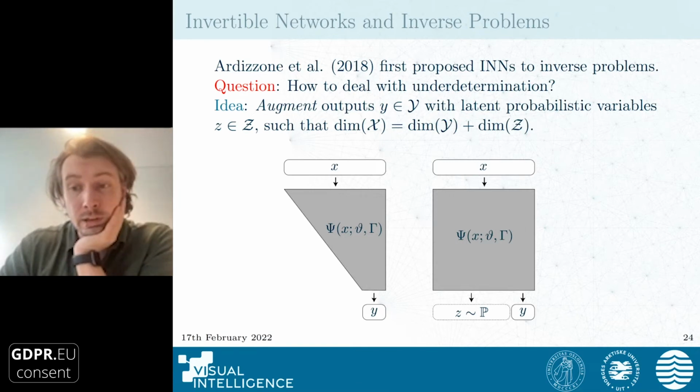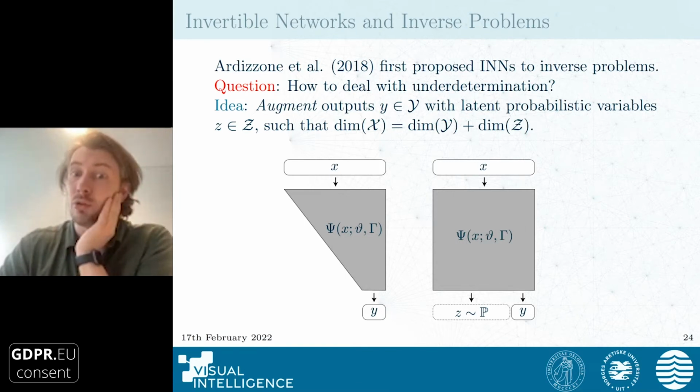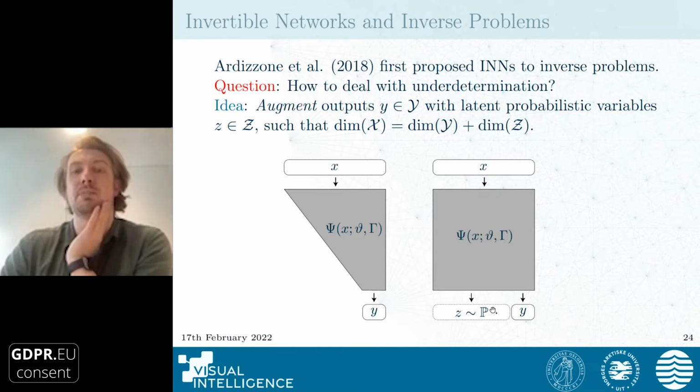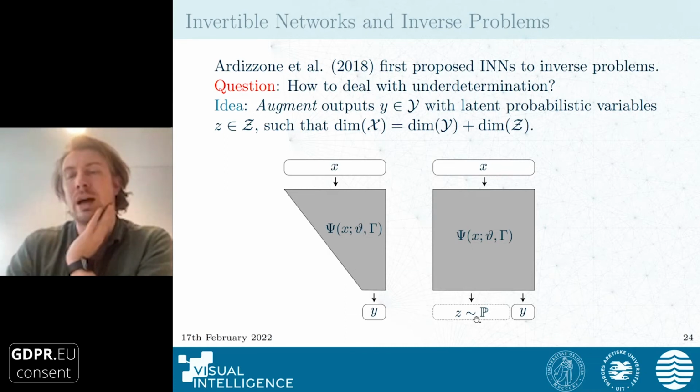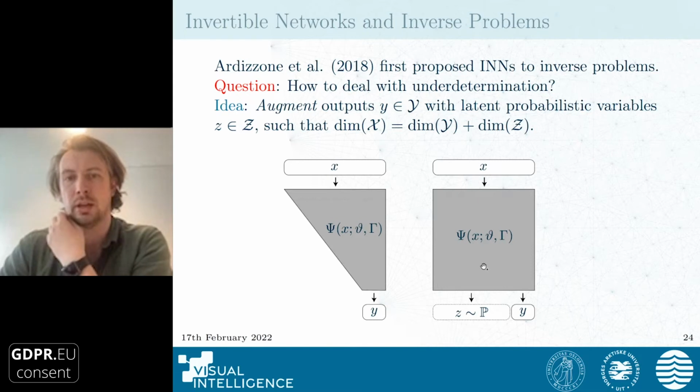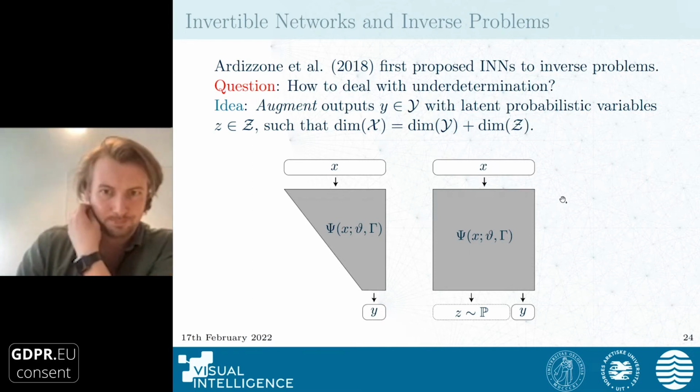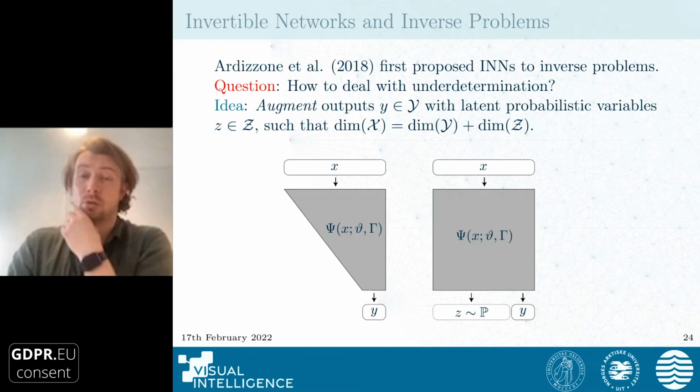And using normalizing flows in conjunction with invertible neural networks, you have a tractable distribution for P, given that you can control the distribution that you sample from here. This is tractable and everything is fine and dandy. And this is a very cool approach.